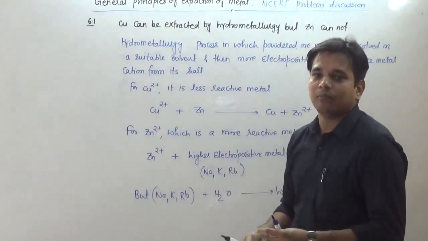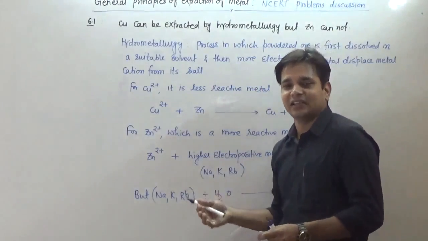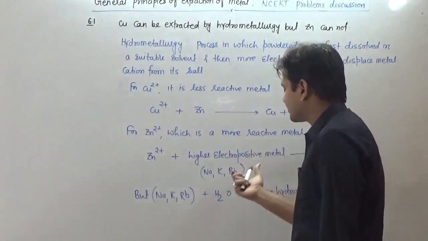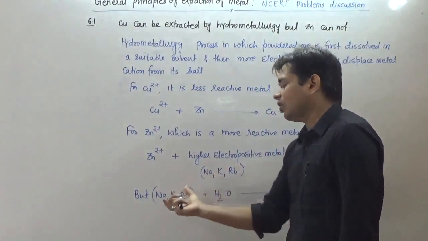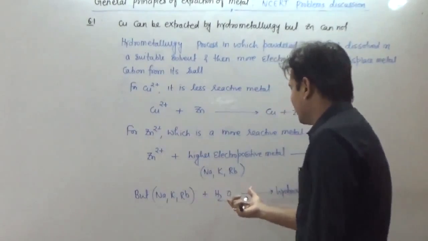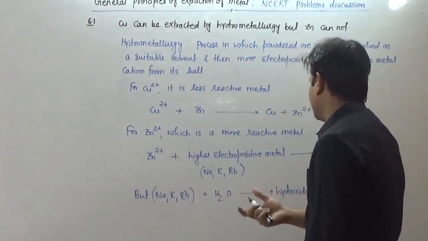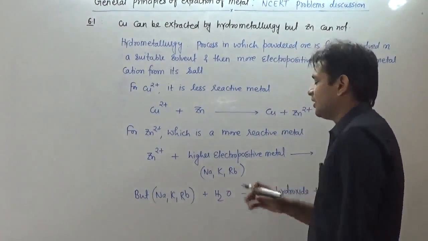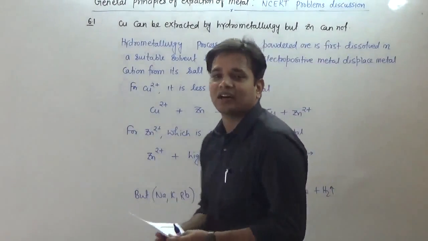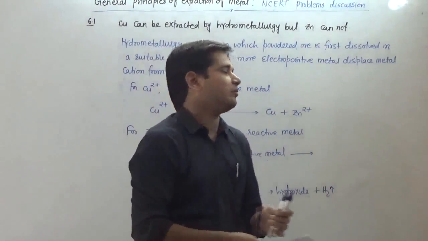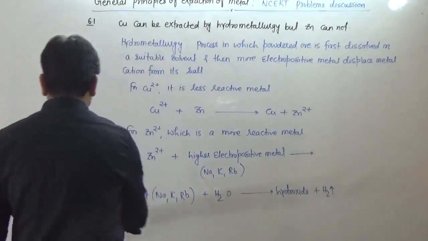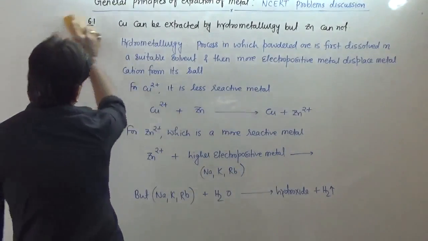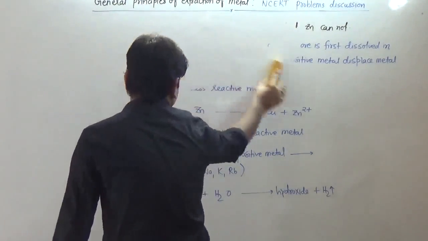Even if you take a metal more electropositive than zinc, it will react with water and H2 will be produced, and that's why zinc cannot be extracted by the hydrometallurgy process. So this is the explanation that you can easily understand.